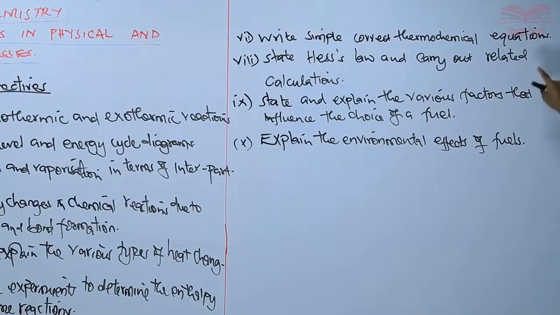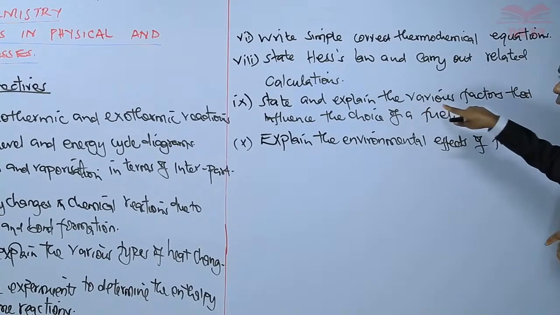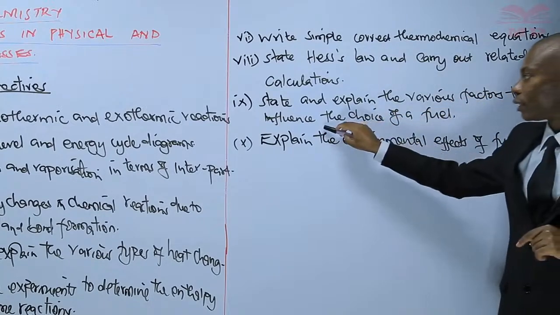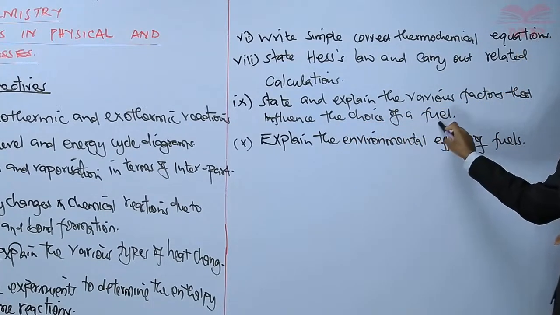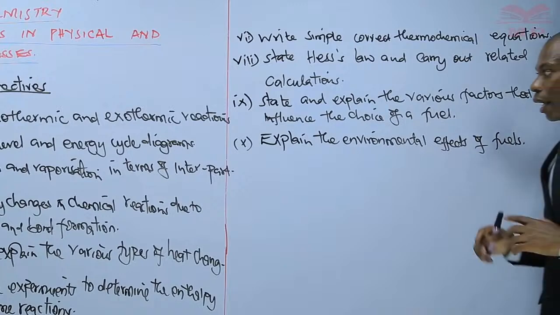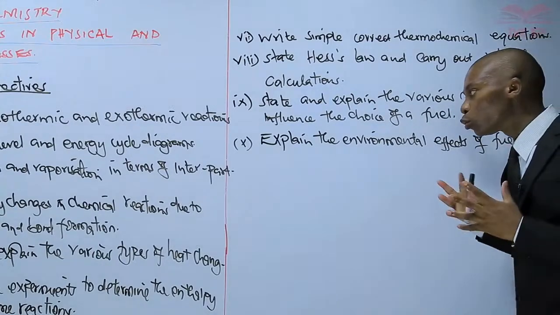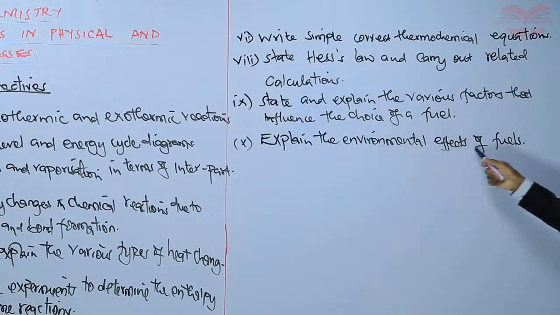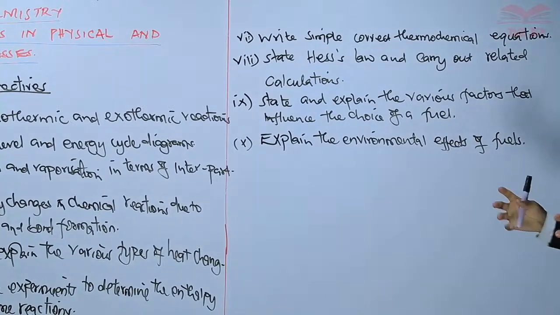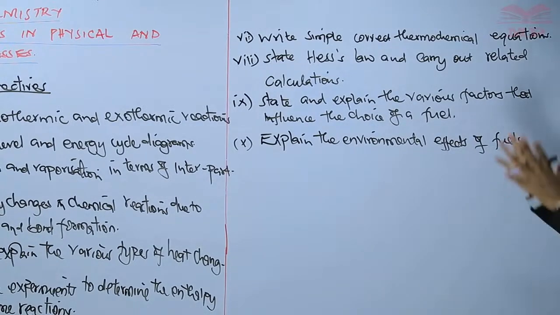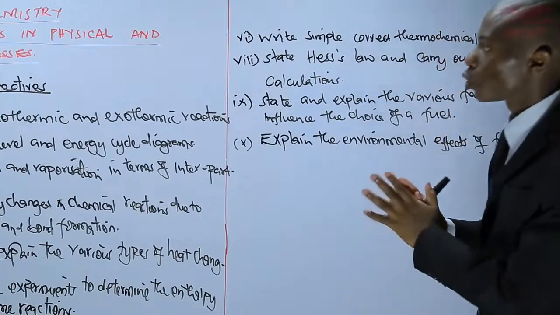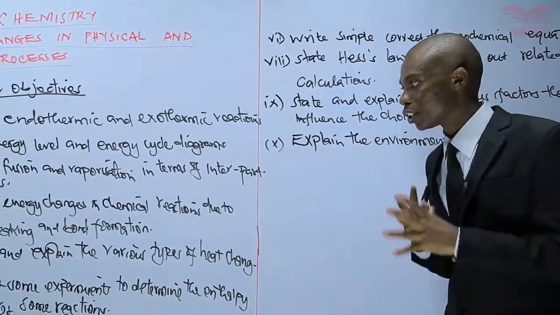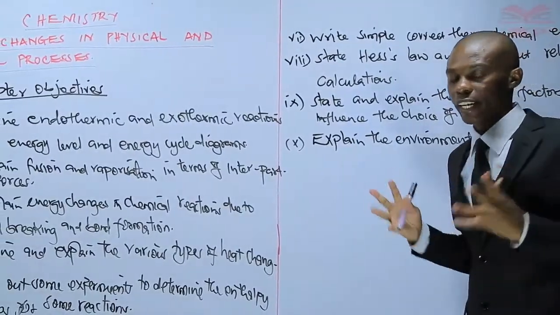Number 9, state and explain the various factors that influence the choice of a fuel. And the last one, explain the environmental effects of fuels. So those are objectives you need to have, so that by the end of this chapter, you will have achieved what is expected.